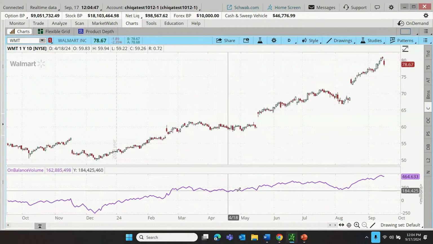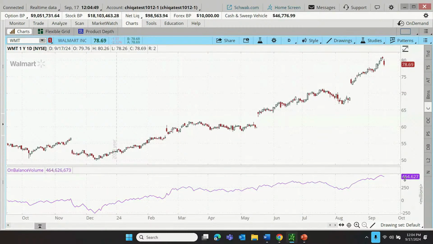It's actually the expression of the line itself, not the absolute value of the oscillator. But just so you know, this oscillator can be positive, it can be negative, it might be displayed in millions or thousands. But there is not a range-bound nature to this. It can go up as high as it wants, it can go down as low as it wants.